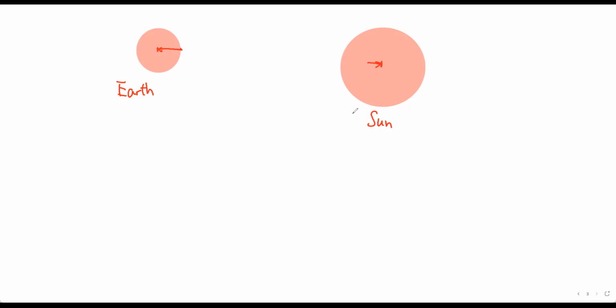The distance between the Earth and the Sun is 1.5 times 10 to the power 11 meter. The mass of the Earth is 5.98 times 10 to the power 24 kilogram. The mass of the Sun is 2.0 times 10 to the power 30 kilogram.